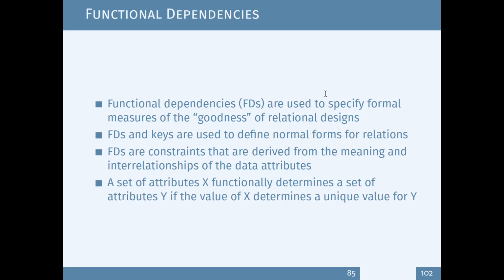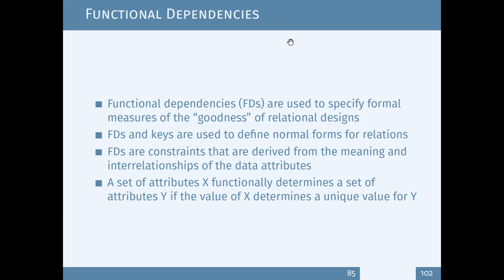For example, let's say we have attribute X and attribute Y. For the same value of X, if you observe the same value of Y, then we can say the value of X determines the unique value of Y. Then we can say Y is functionally determined by X. That is what we call functional dependency.